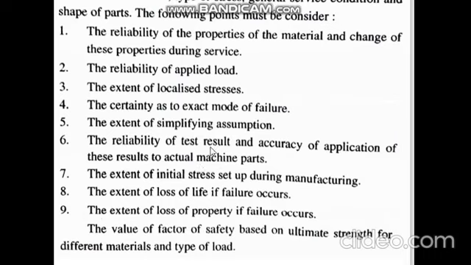When we are deciding the strength of a material, we depend upon the test results, so how reliable they are. Then extent of initial stress set up during manufacturing. Again, internal stresses and localized stresses we talked about, and like that initial stresses also can be there. And then the extent of loss of life if failure.